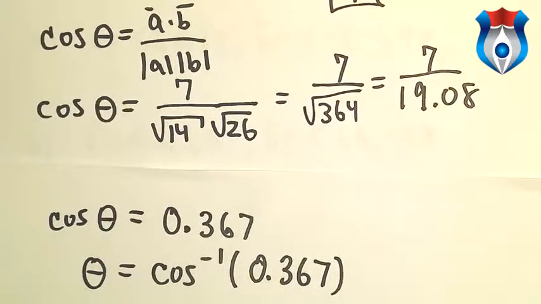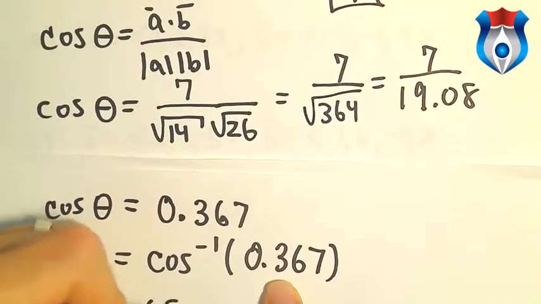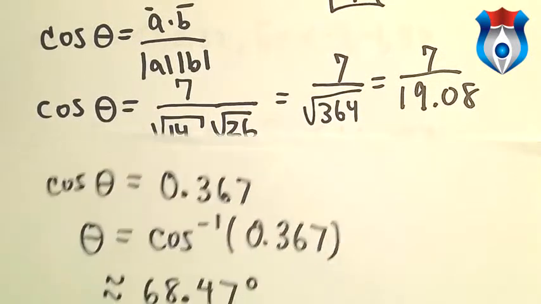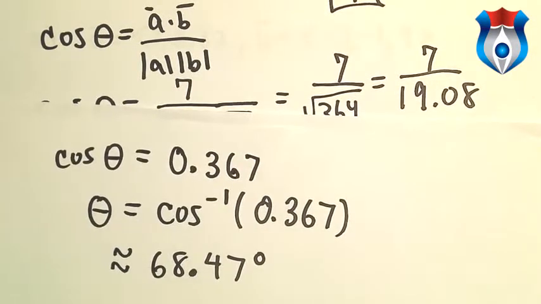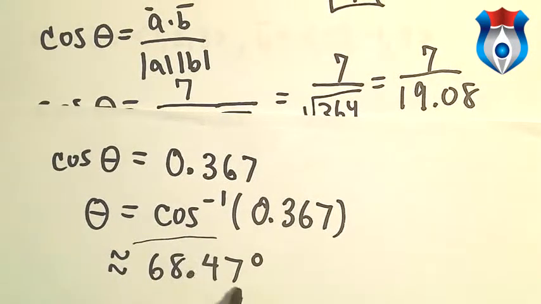I am getting arc cosine of 0.367 to be roughly equal to 68.47 degrees. So our angle is going to be somewhere between 68 and 69 degrees.